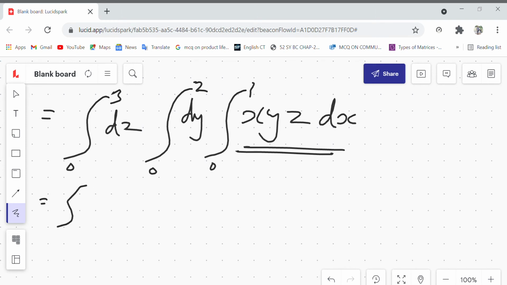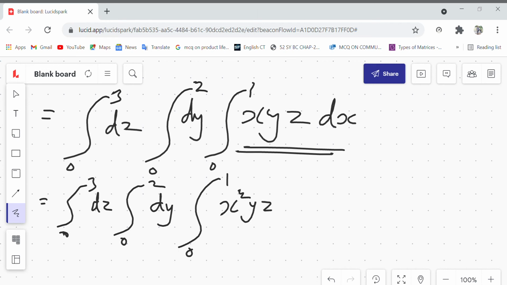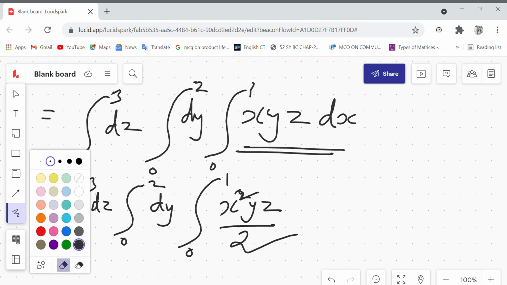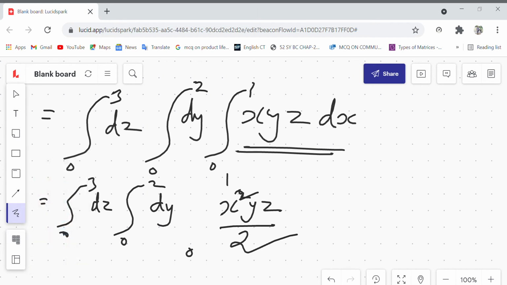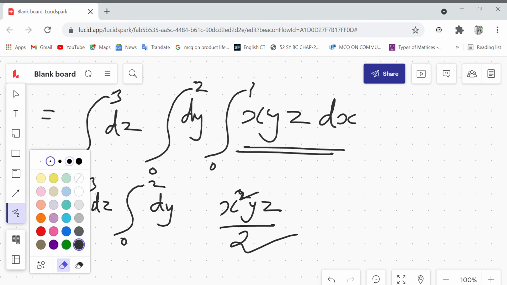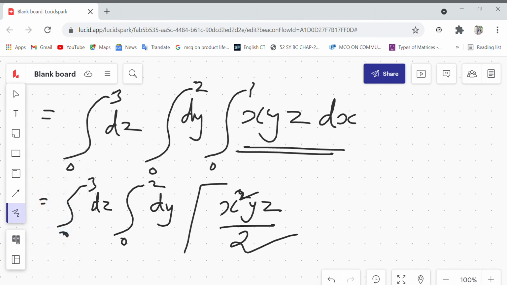So integration of 0 to 3 dz, integration of 0 to 2 dy, integration of 0 to 1 xyz dx is there now. x square yz divided by 2, with limits 0 to 1.